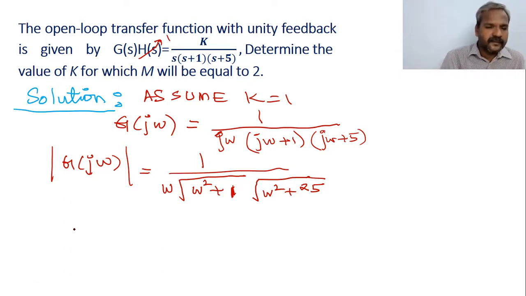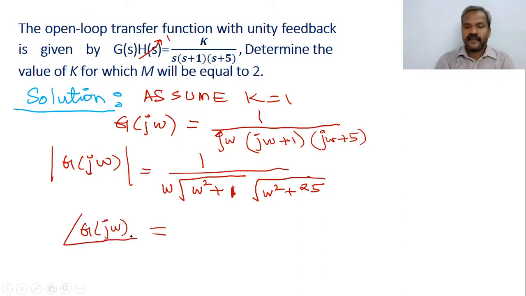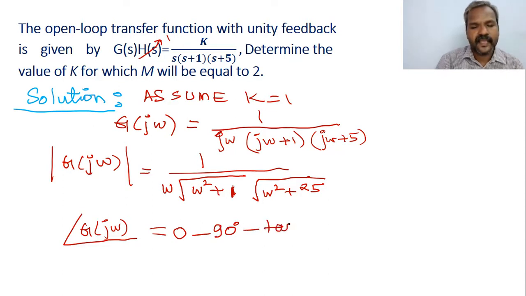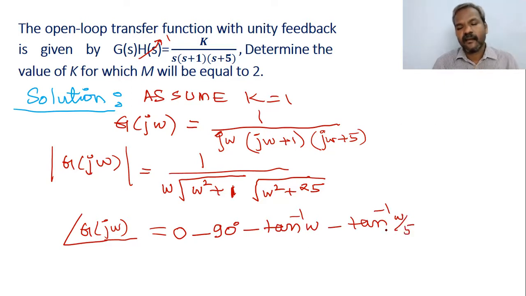So the phase angle of G of j omega: for the numerator 0 degree, for the denominator j term minus 90 degree, minus tan inverse of omega, minus tan inverse of omega by 5, that is 0.2 omega.